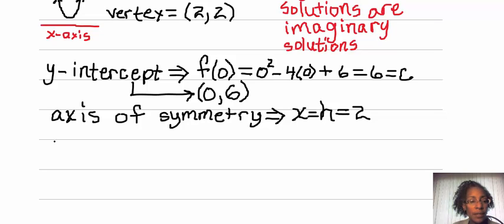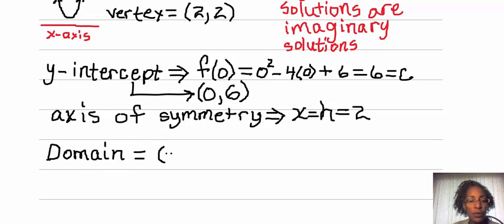look at the domain, which the domain of an upward or downward opening parabola is always the set of all real numbers.